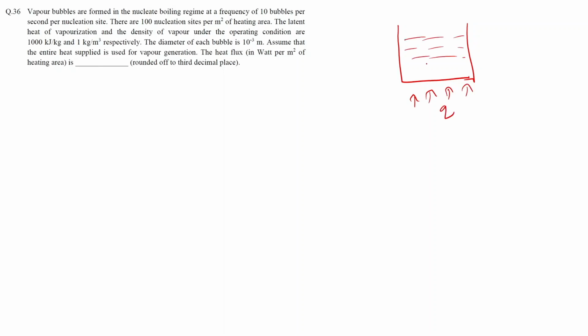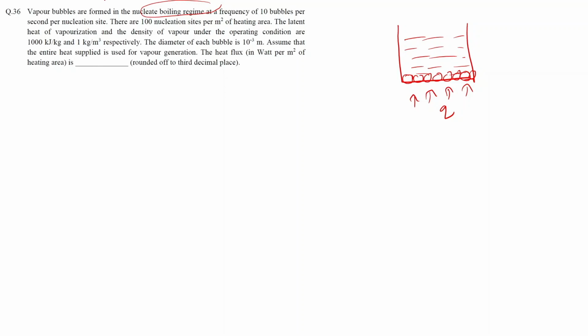We are having the fluid inside the vessel, and in this nucleate boiling regime, bubbles will start forming at the surface. So let's consider these are my bubbles, and these bubbles will help to exchange the heat.